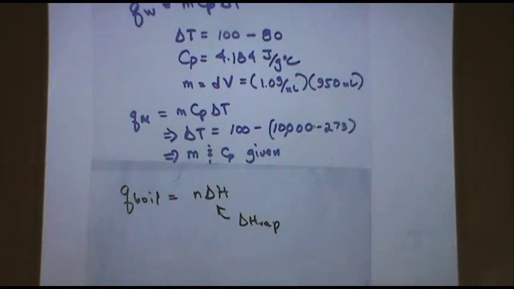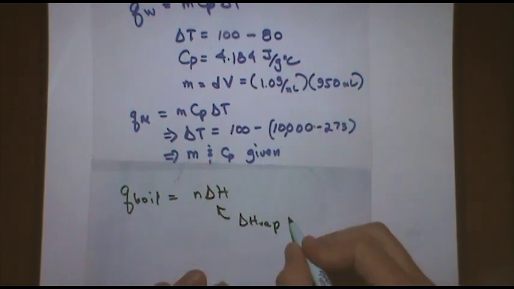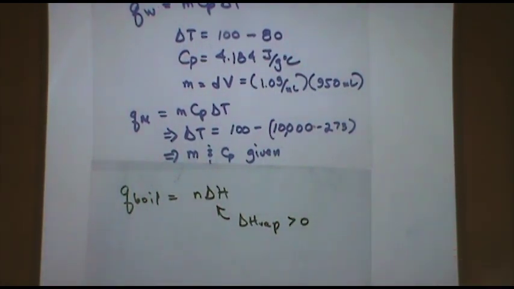Let's think about this. Would this be a positive or negative number if it's going from a liquid to a gas? It's boiling. Positive. You've got to put energy in to boil anything. That's why you boil water, pour noodles. You have to put heat into it. So I know this is positive. You've got to be careful on the exam. This can be true for anybody's exam.